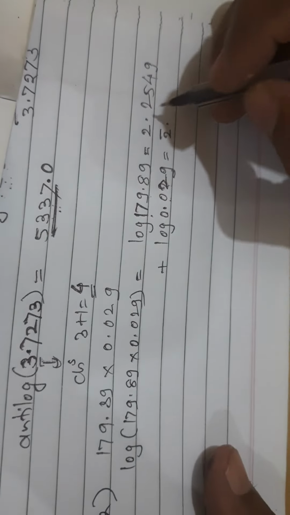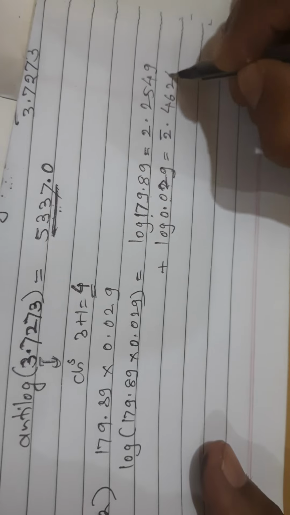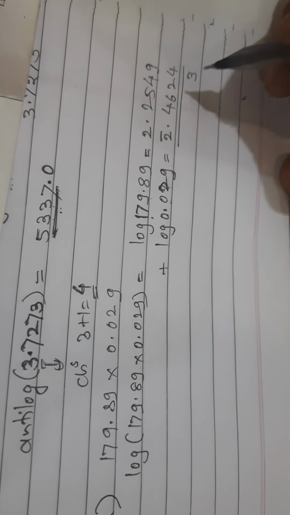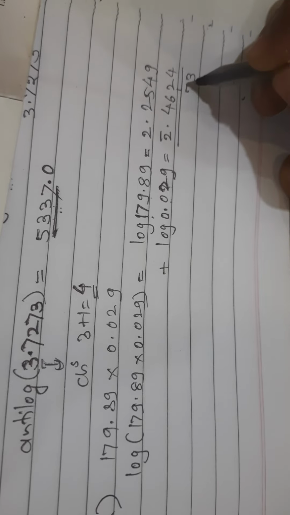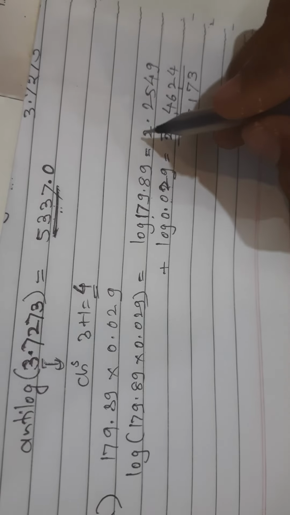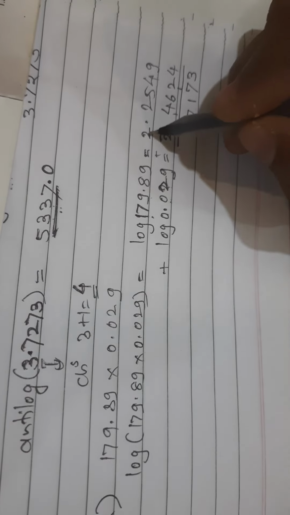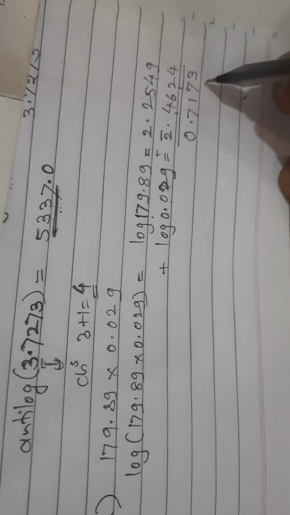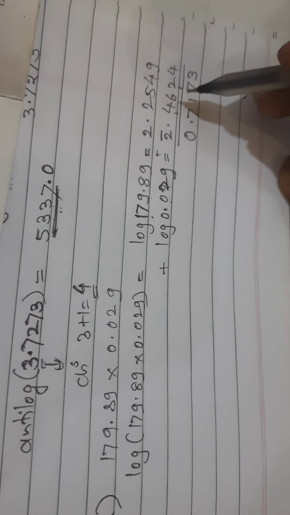The log of this number is 4624. Now take the addition of both. 9 plus 4, 13, carry 1, then 7, 11, carry 1, 7, and this is the addition. 2 minus 2, 0. Then 71, 73 is the addition of both the logs.